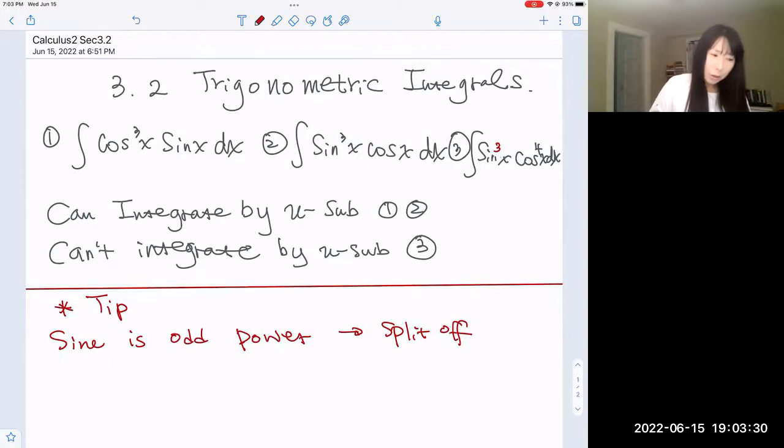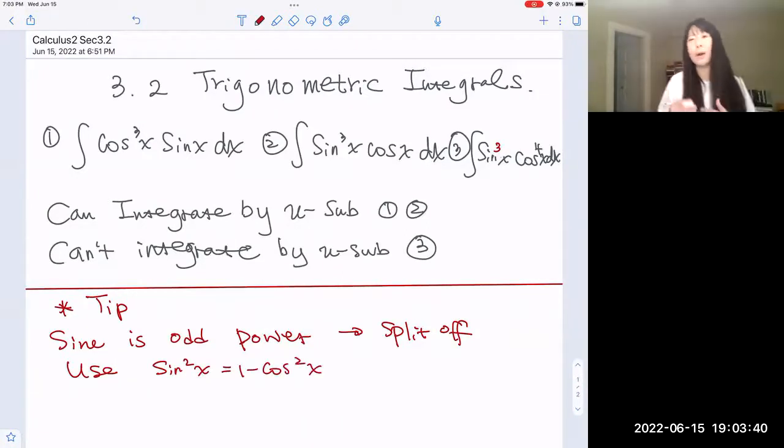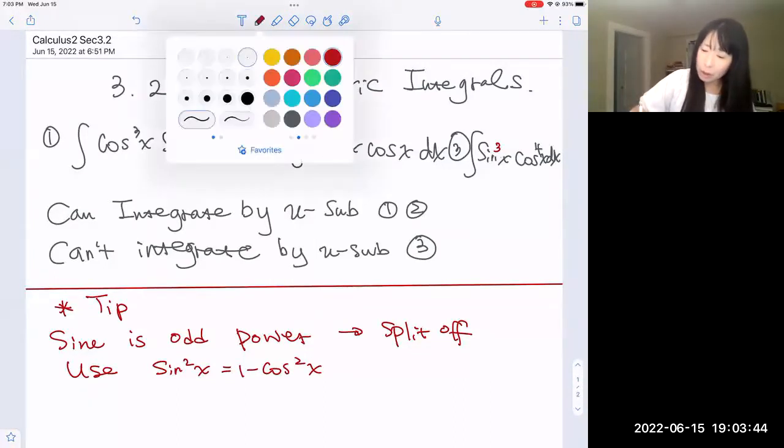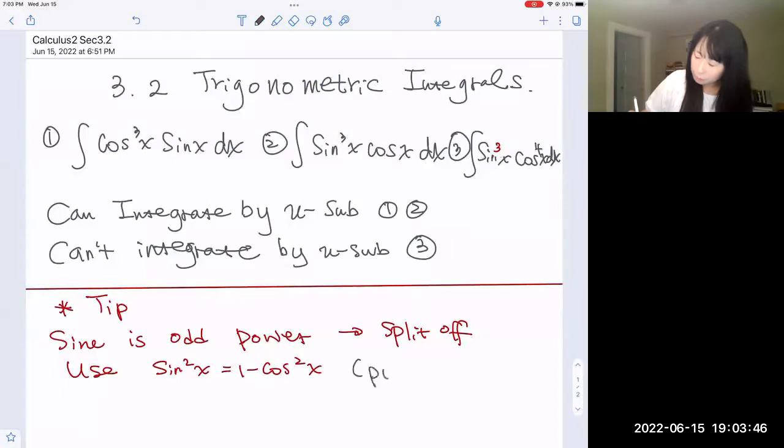Then we're going to use sine squared x equal to 1 minus cosine squared x. This comes from the Pythagorean identity. So we have the Pythagorean identity: cosine squared x plus sine squared x equal to 1, right?